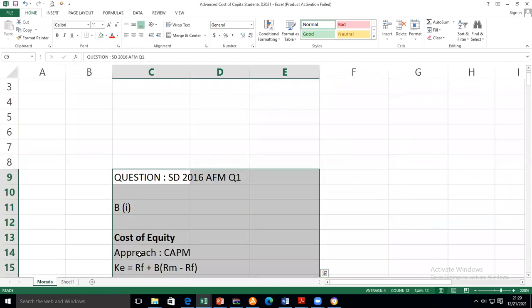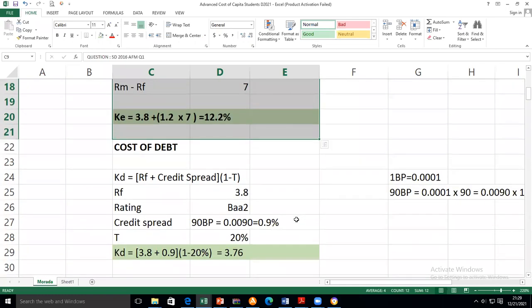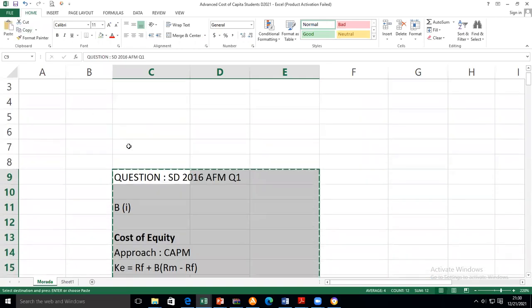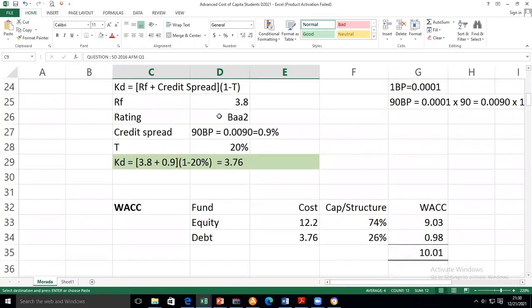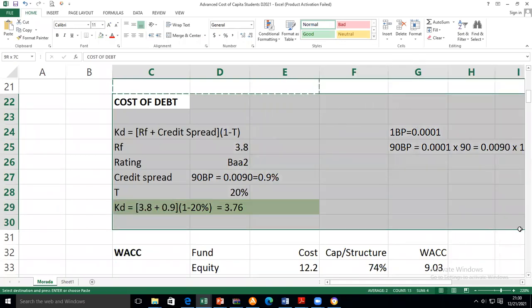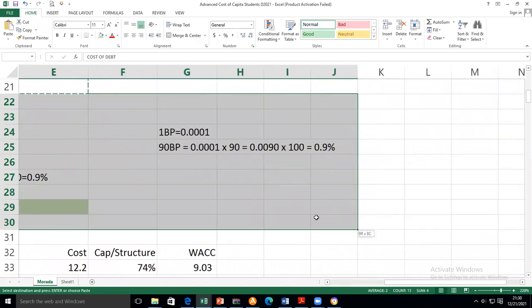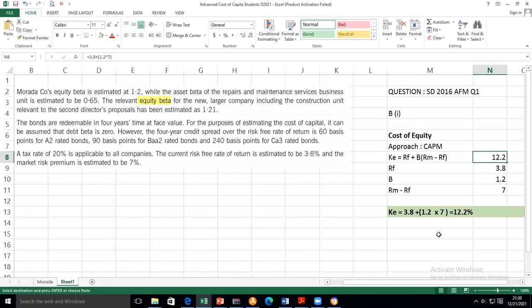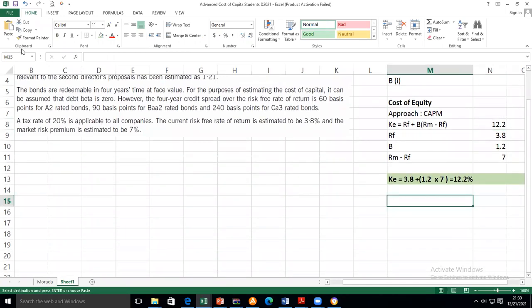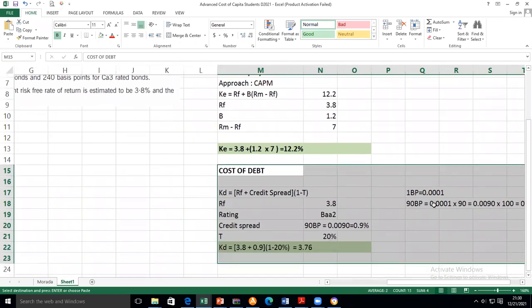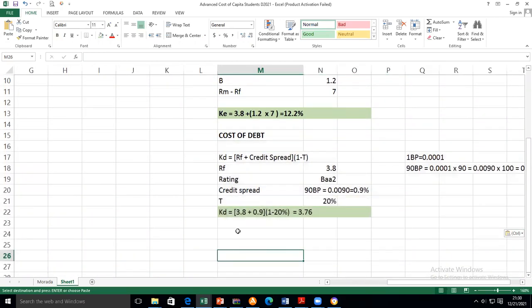So you can now conclude, you can say, okay, our cost of debt is, that's the formula there.